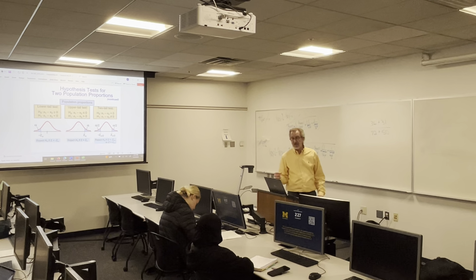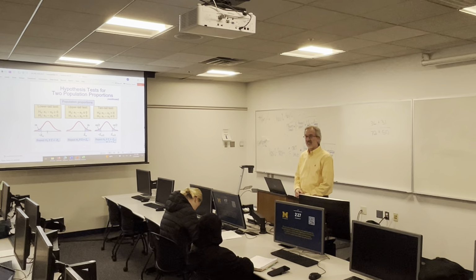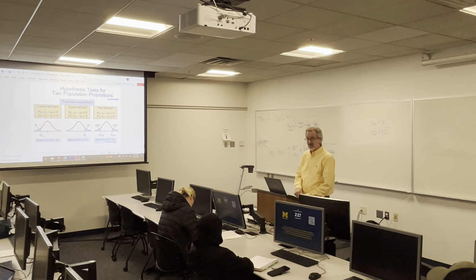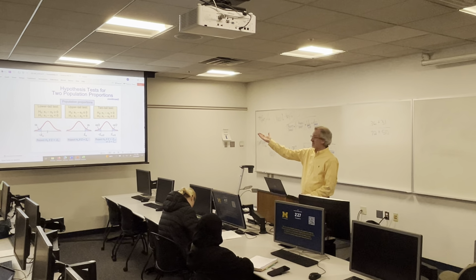I want to remind you, because there's still a couple people who are missing this, the equal sign can only be in the null hypothesis. Whether it's greater than or equal, less than or equal, or just plain equal, it must be in the null. It cannot be in the alternative. And notice for these two sample hypothesis tests, the right-hand side is always 0.